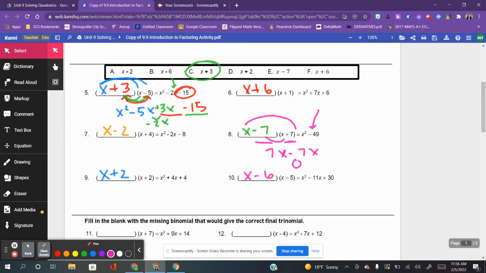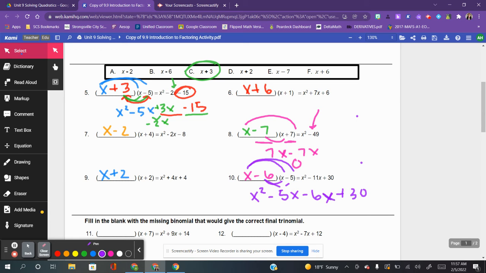All right, again, just to review before you move on to these final 4, you don't get a choice box there. In order to check this, I've got x times x is x squared, and x times negative 5 is negative 5x. Negative 6 times x is negative 6x. And a negative 6 times a negative 5 is a positive 30.